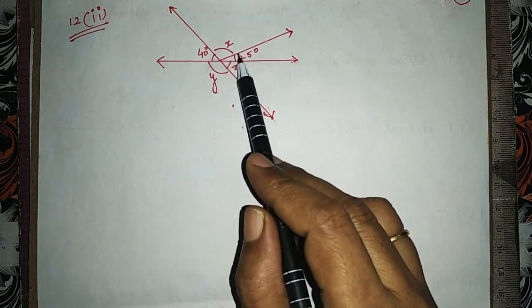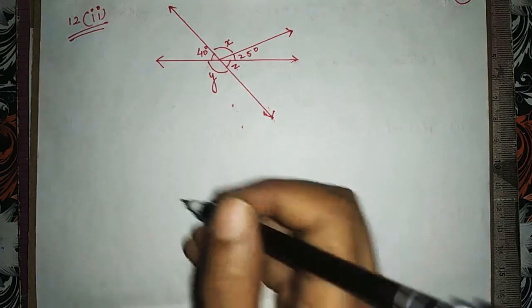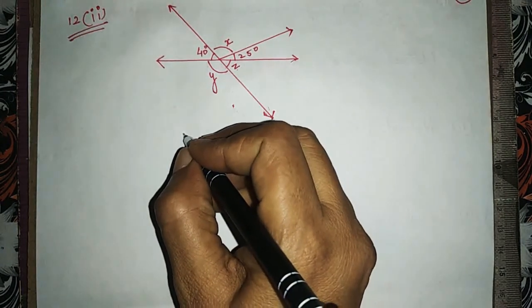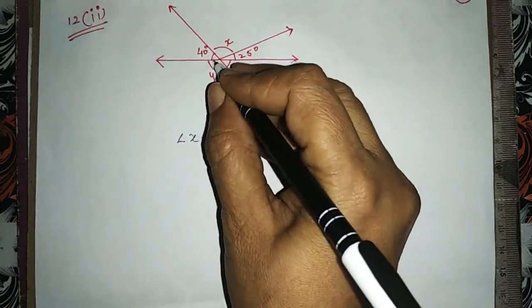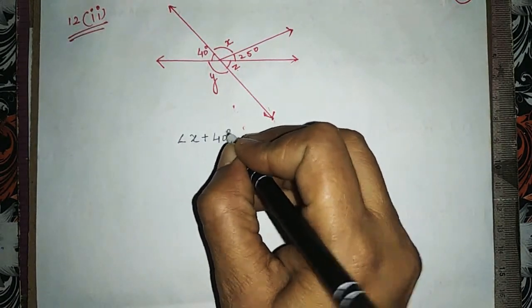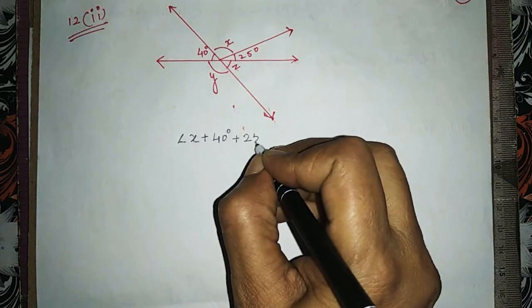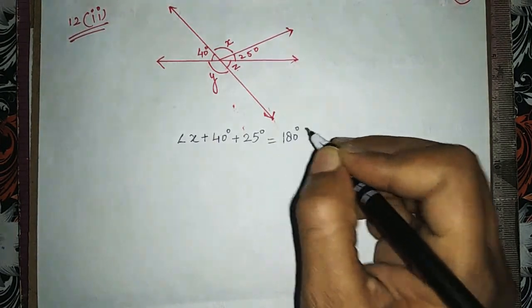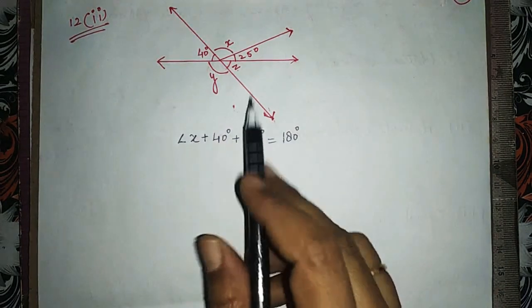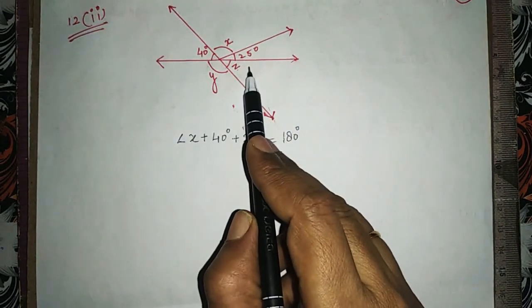So in this given figure, angle X plus 40 degree plus 25 degree is equal to 180 degree. Okay, because they are on a straight line.